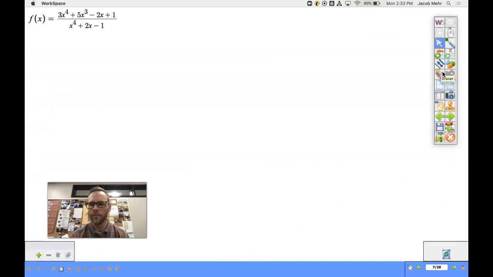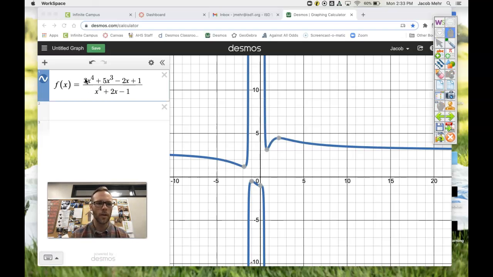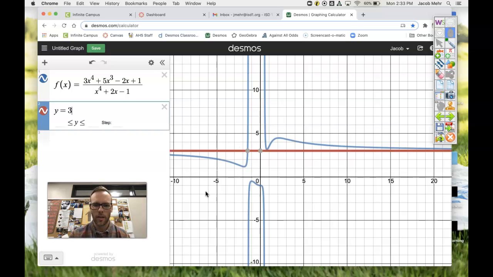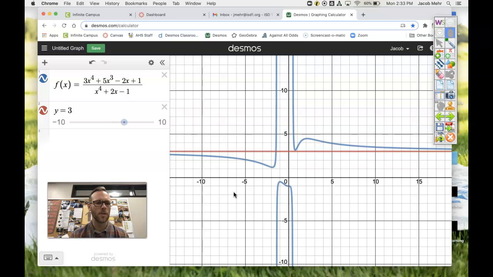And when I do that, as x gets really big, this stuff doesn't really matter, and this stuff doesn't really matter. We end up with 3x to the 4th over x to the 4th. And what is that? Just 3. So it really approaches 3. As x gets bigger and bigger, the numerator is just about 3 times bigger than the denominator. And notice y equals 3 is the horizontal asymptote that this function approaches.